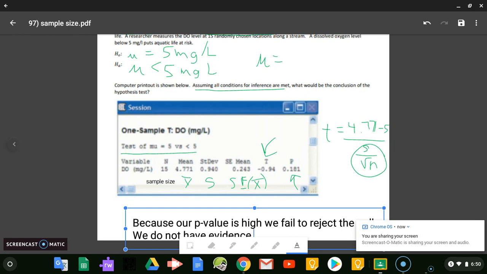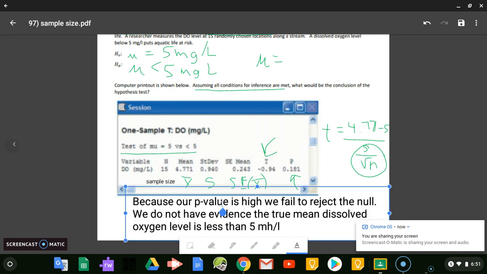So we do not have evidence the true mean dissolved oxygen level is less than 5 mgs per L. So according to this, the aquatic life should be safe.